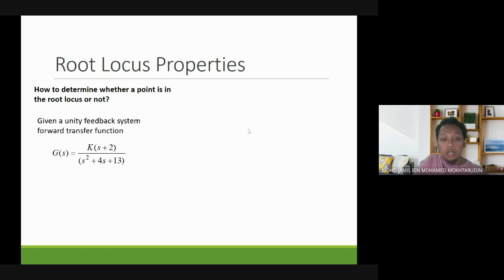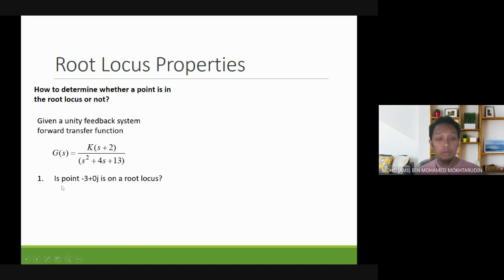So let's say you are given a unity feedback system. The forward transfer function is G(s) equals k times (s + 2) divided by (s² + 4s + 13). So we have the forward transfer function, but we don't have the root locus. You can sketch it or use MATLAB, but what happens if you don't have all of the resources?